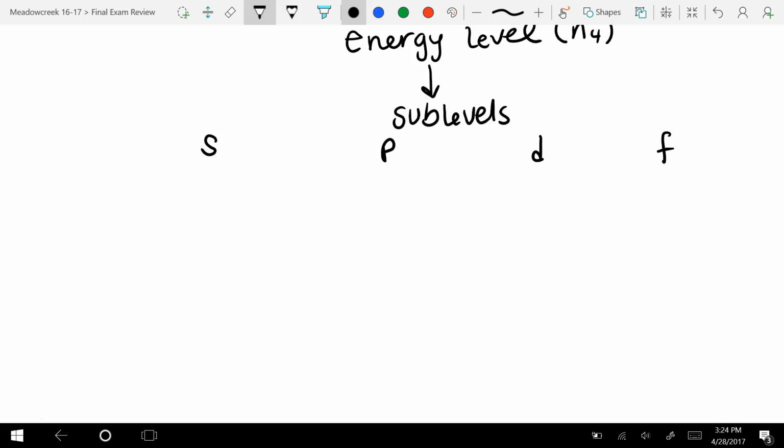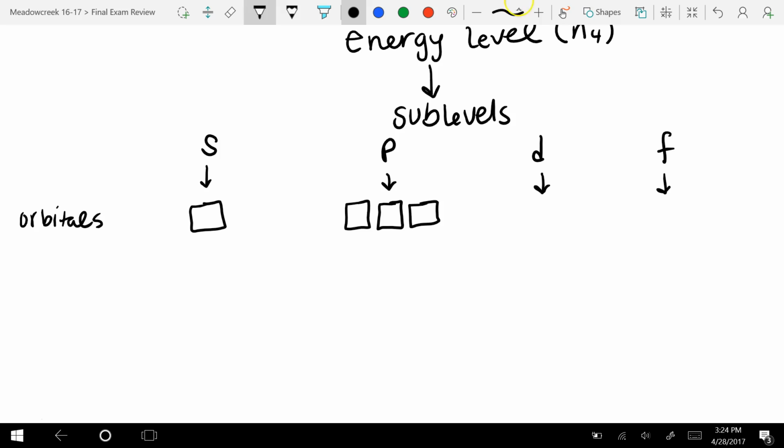Each sublevel, S, P, D, and F, has a certain number of orbitals. S has 1 orbital, P has 3 orbitals, D has 5 orbitals, and I'm drawing them as boxes because you're going to see them as boxes later, and F has 7.